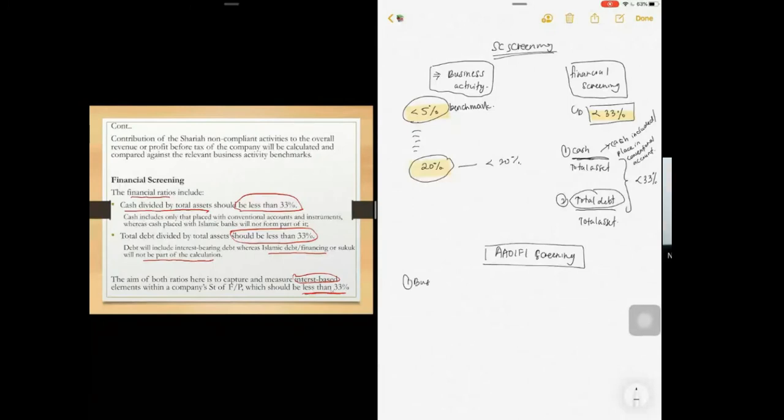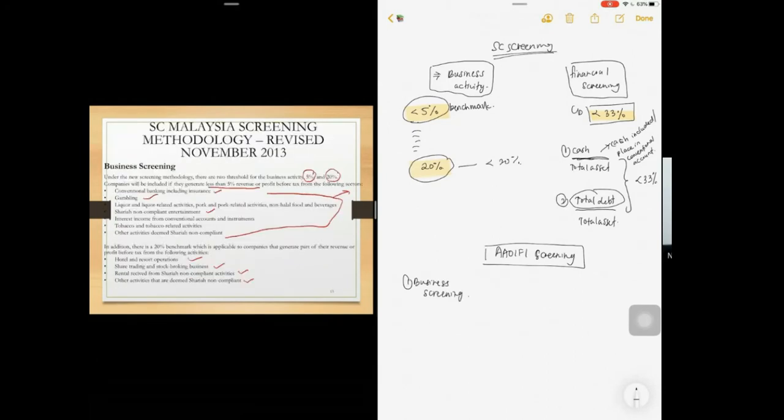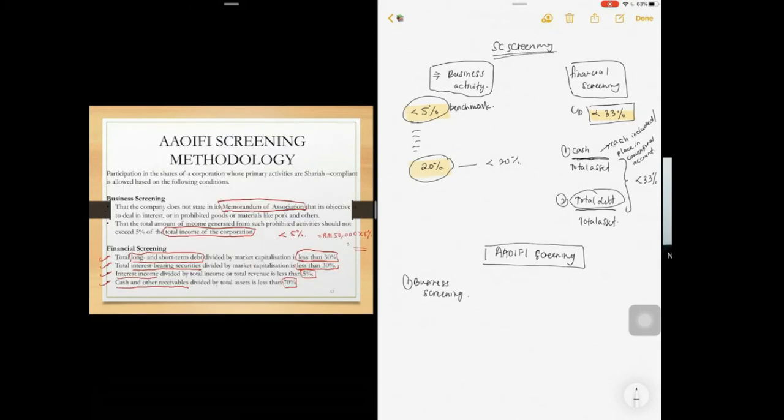Untuk tadi IOV standard business activity dia tadi kan, dia guna ni ada satu je which is less than 5% tadi. Untuk financial screening ada 4.